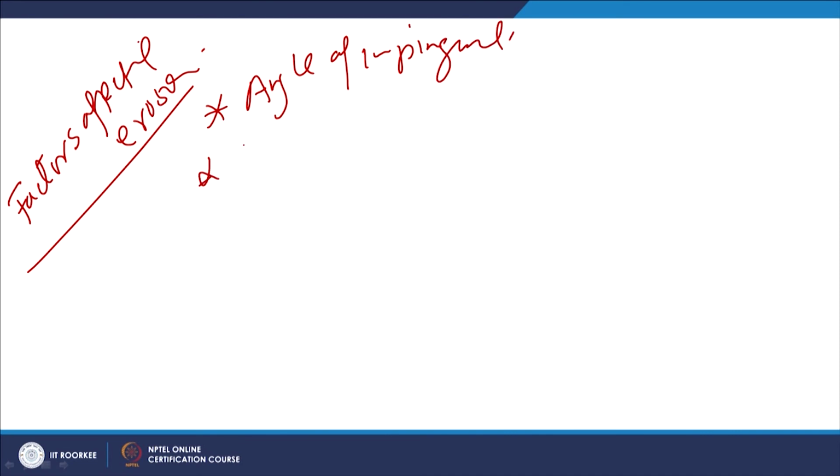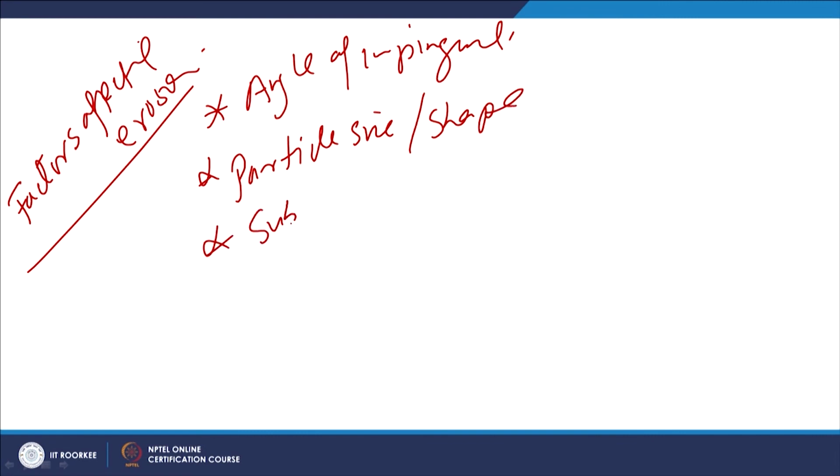The second one is the particle size and shape. The third is the substrate material properties.